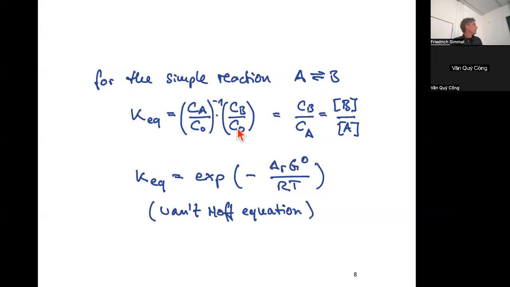You have CB divided by the reference concentration. In this case, the reference concentration cancels out, and you get the definition of the equilibrium constant that you are probably used to. You just divide the concentration of your products by the concentration of the starting products. And this is a very well-known relation, of course.